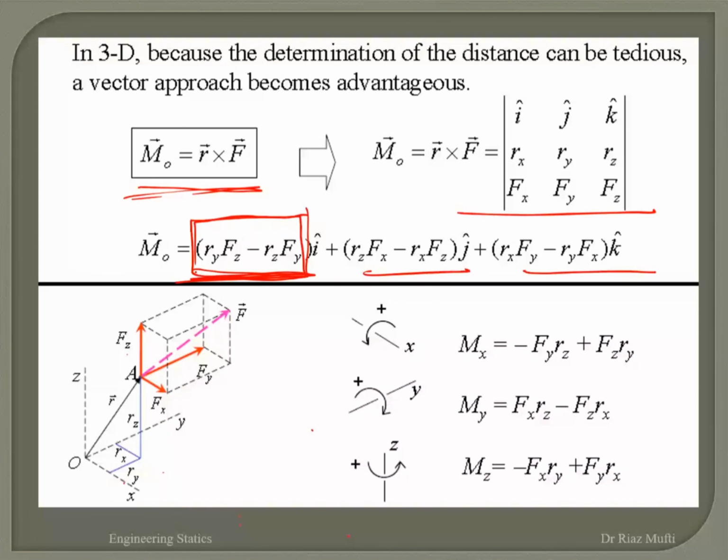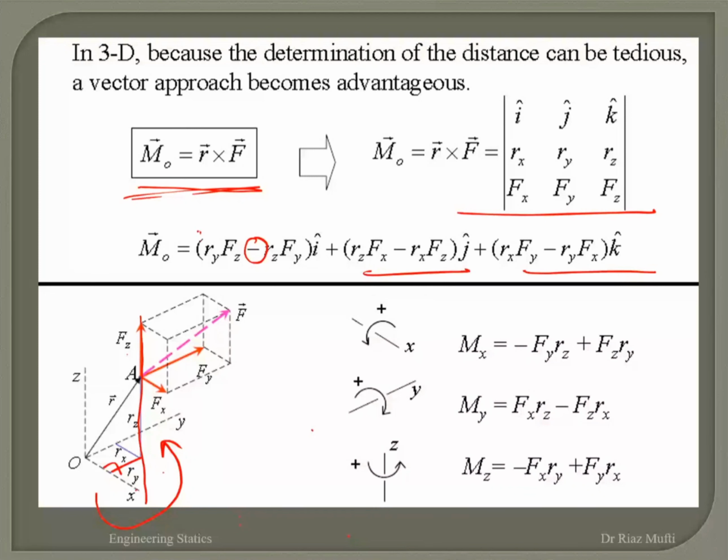I've got my Fy acting in this direction. That's my perpendicular distance from my x-axis. So rotation is in clockwise direction. Therefore, it's a negative sign here. But if I look at the Fz, this is the perpendicular direction, and it is trying to rotate my x-axis in this direction. That's anti-clockwise, therefore it's positive.